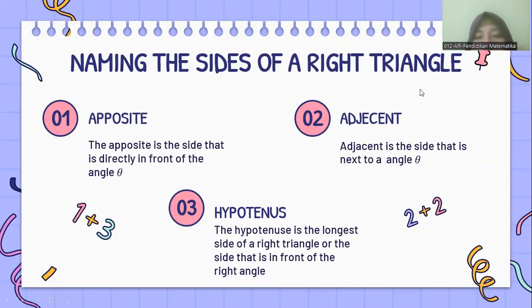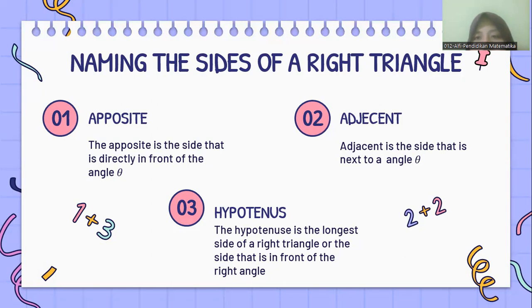Naming the side of a right triangle. 1. Opposite. Opposite is the side that is directly in front of the angle. 2. Adjacent.